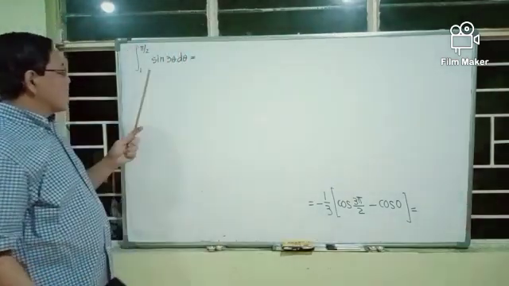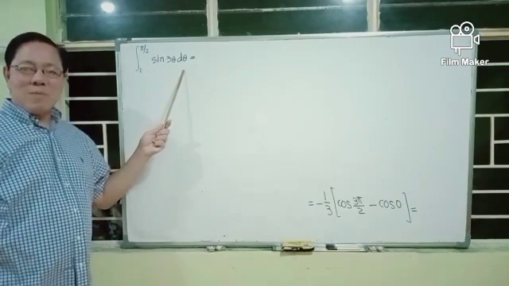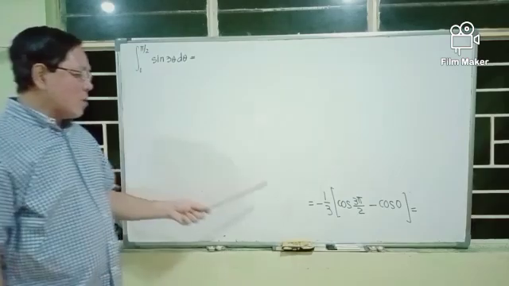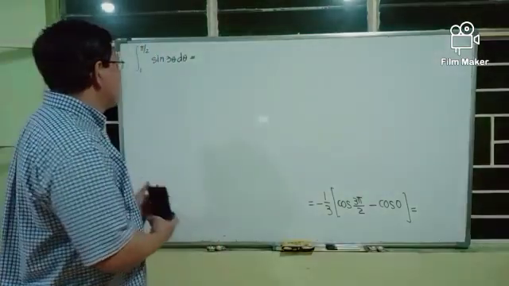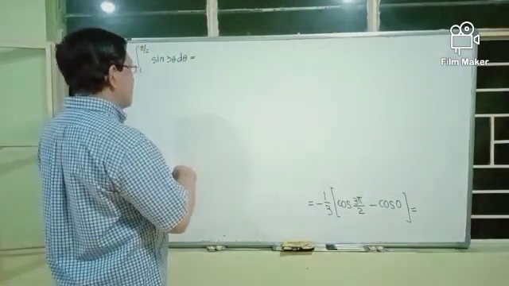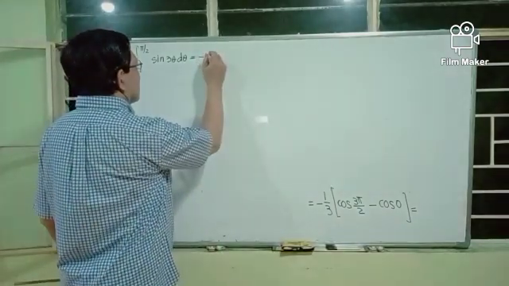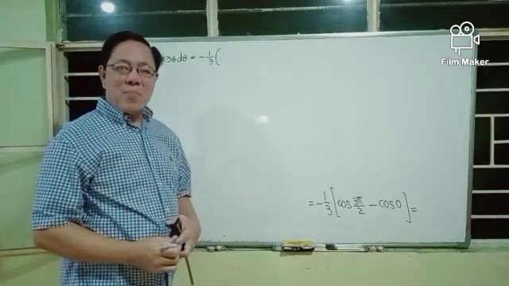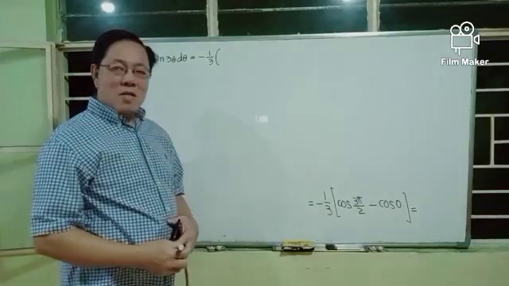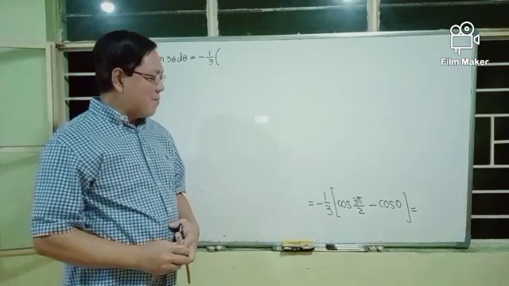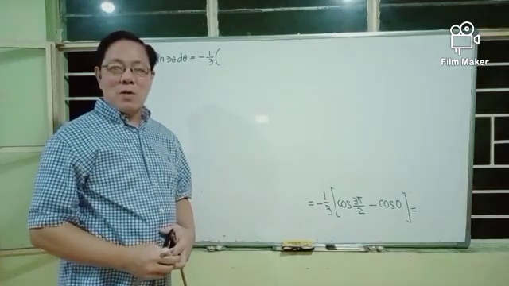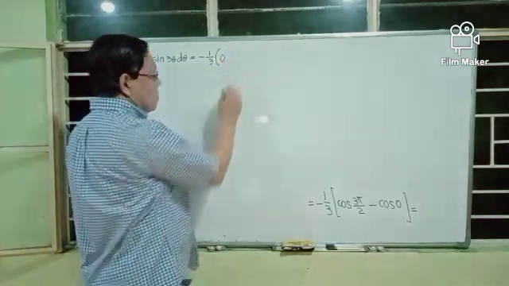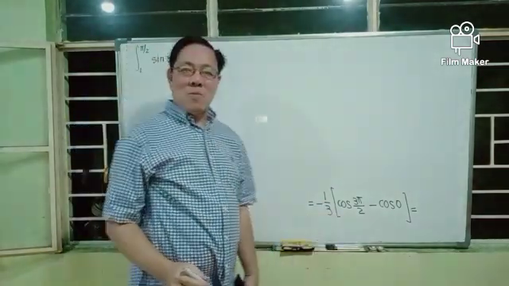So the given integral of sine 3 theta d theta to be evaluated from 0 to pi over 2 is equal to negative 1/3 multiplied by cosine of 3 pi over 2. Cosine of 3 pi over 2, using your calculator, is equal to 0. Minus cosine of 0.